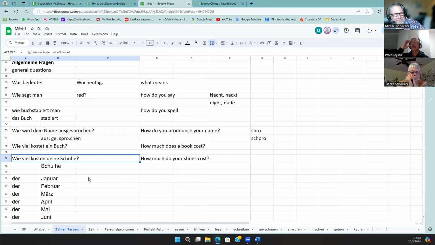Imelda Marcos or something? Juanita, wie viel kosten deine Schuhe? Meine Schuhe kosten 17 Euro. Okay, so you got the N. You change it from kostet to kosten. Okay. 17 Euro. All right.